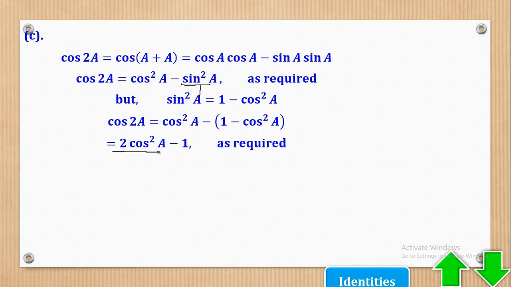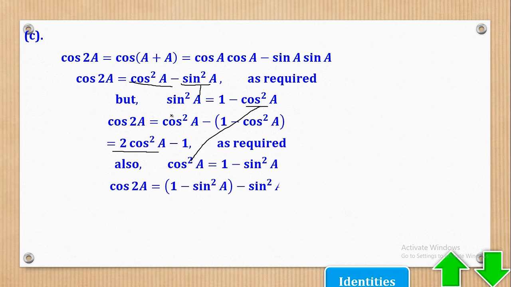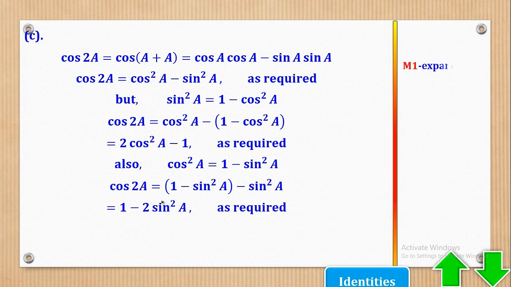That was the second part of the proof. Now for the third part of the proof, we shall instead make cos squared A the subject, and substitute it here to come up with that. Then we open brackets, and it becomes that. So basically, those are the three parts of the proof required in part C.